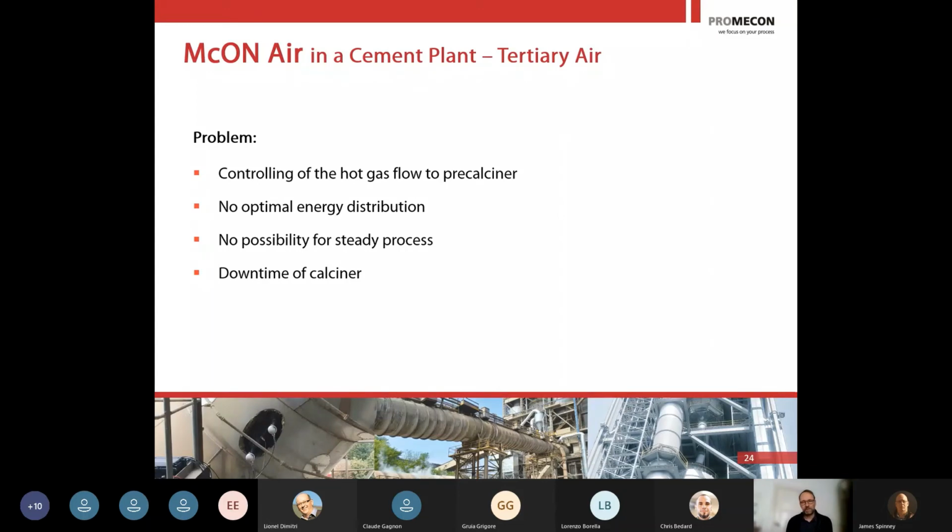This is a bit more difficult application, but we have quite good solutions with sensors and mounting adapters and a purging system to measure this flow. So with this, you control the hot primary air, so combustion air, to your pre-calciner.